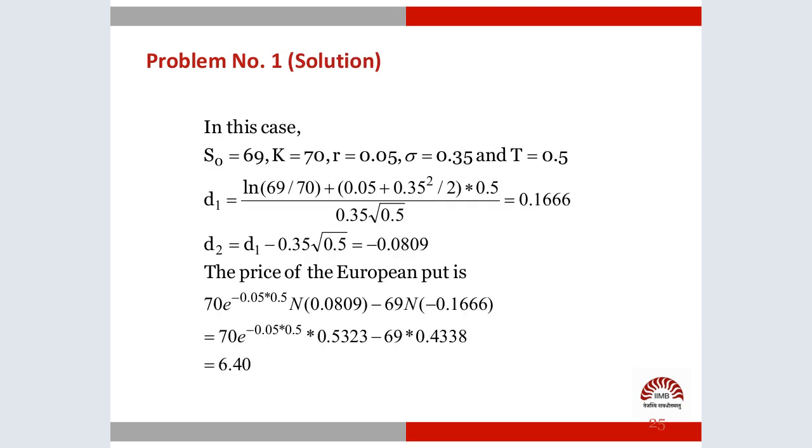Calculate the values of D1 and D2. Once you've calculated D1 and D2, put them in the formula and you'll get the value of the option. Oh, sorry, this is the put option they're pricing, so plug it into the put option formula, and therefore you get the value of the put to be $6.40.